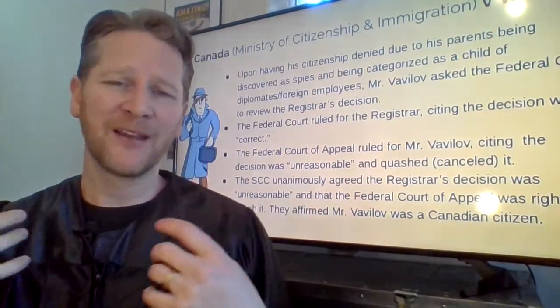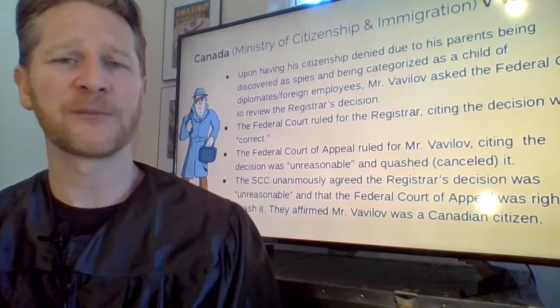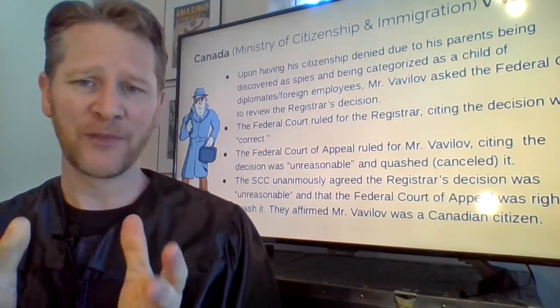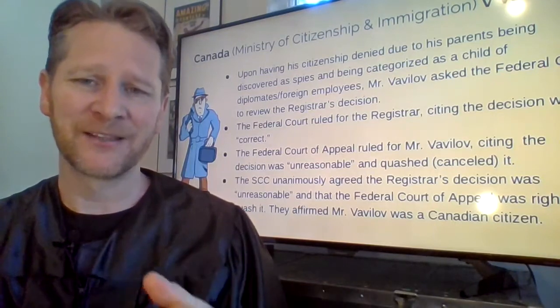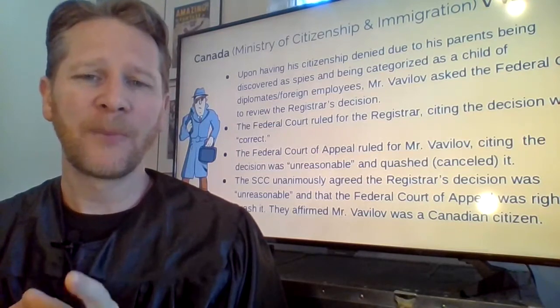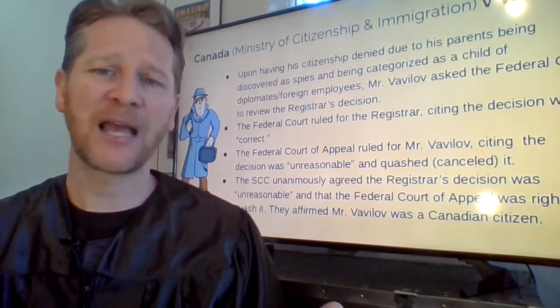And this, in an extremely rare opportunity to talk about things like foreign espionage in administrative tribunal law, is pretty exciting stuff. We have this innocent young man who is raised in Canada by his parents, who turn out to be Russian spies. I'm not making this stuff up. This actually happened.